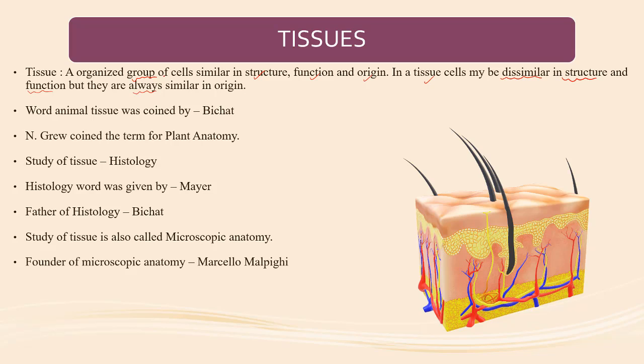Tissues are of different types. Cells may be dissimilar in structure and function, but they are of the same origin. When we talk about a simple and a complex tissue in case of plants, or a simple or a stratified tissue in case of animals in respect of epithelium, the cells are dissimilar in structure and function, but they are of the same origin.